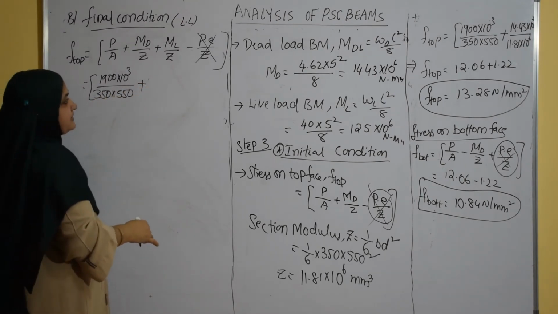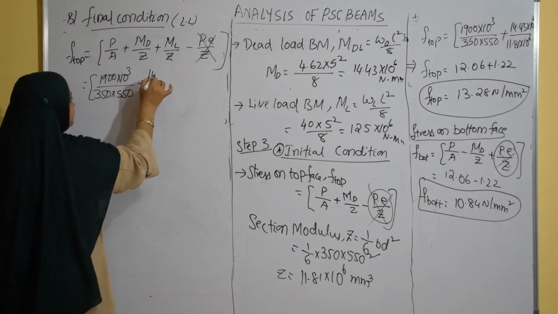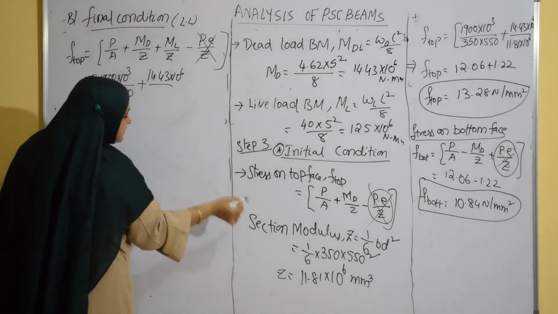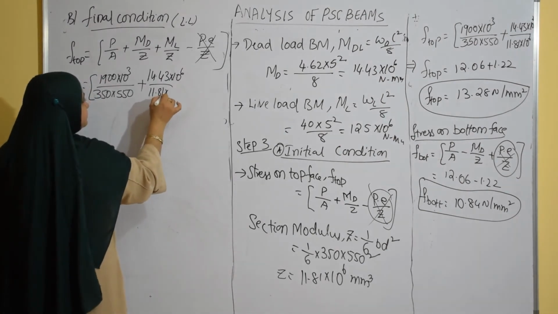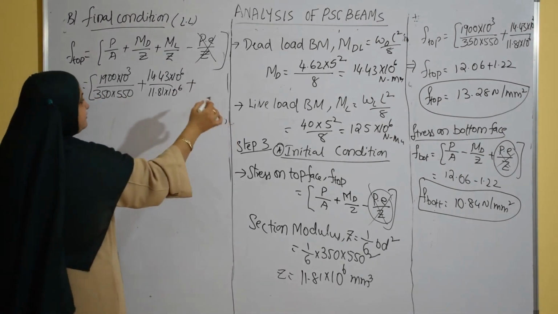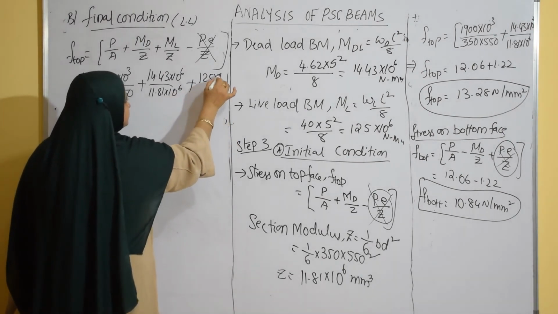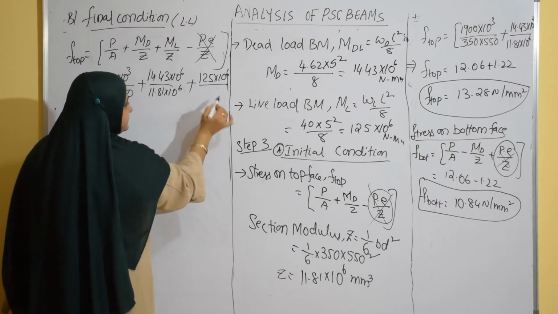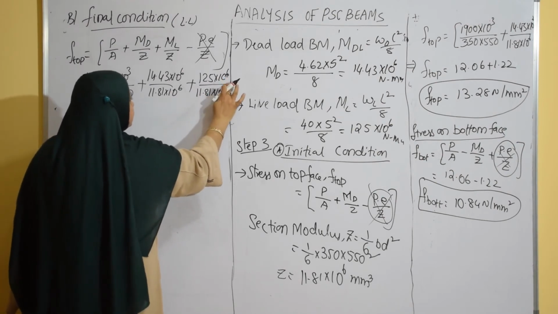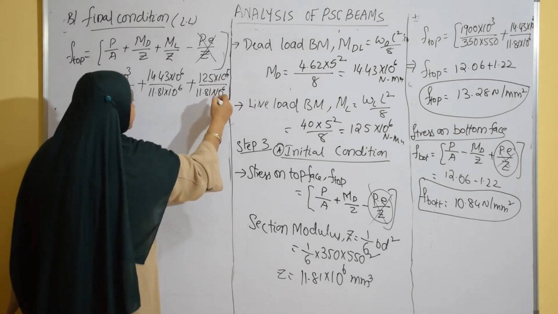Dead load bending moment is 14.43 into 10 to the power of 6 by Z 11.81 into 10 to the power of 6 plus live load 125 into 10 to the power of 6 by Z 11.81 into 10 to the power of 6. So their stresses, it will be in Newton per mm square.